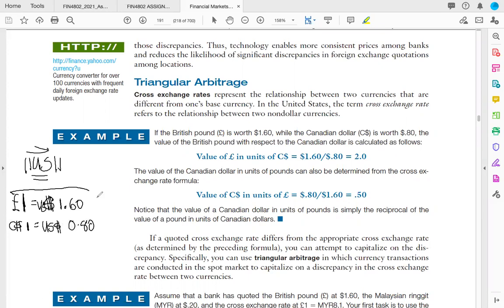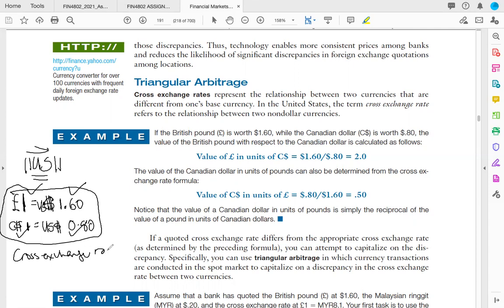Given the relationship between the pound and the US dollar and the relationship between the Canadian dollar and the US dollar, we can actually derive what we call a cross exchange rate.